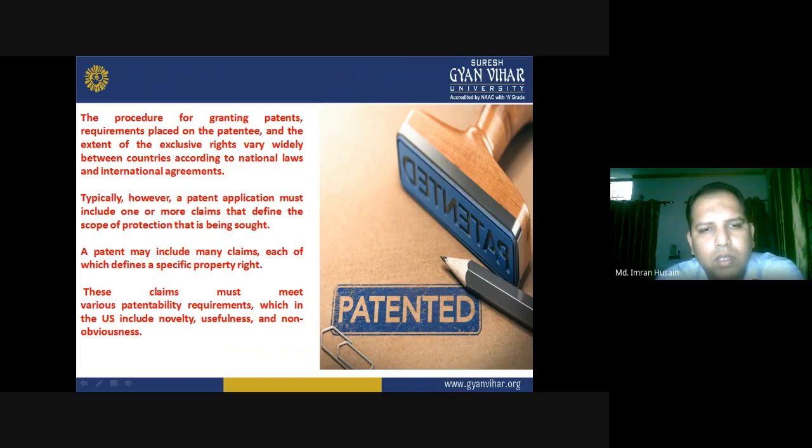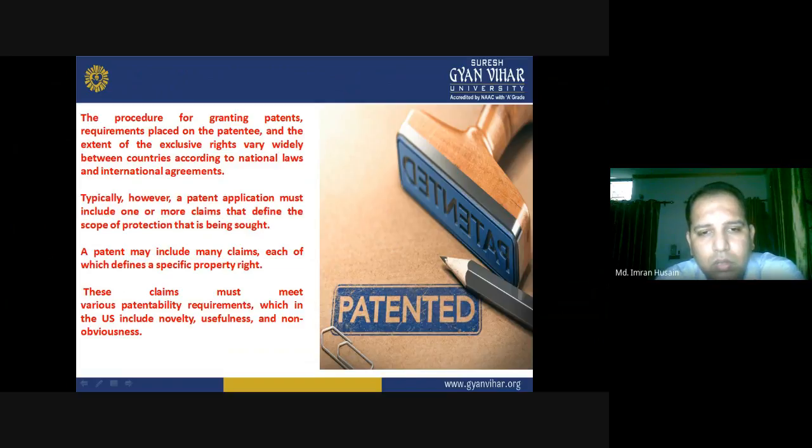Typically, however, a patent application must include one or more claims that define the scope of protection being sought. So, a patent application must include all the documents and claims that define that scope. A patent may include many claims, each of which defines a specific property right.